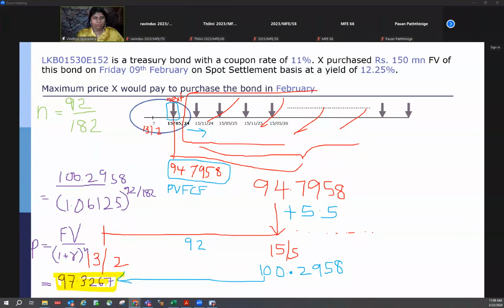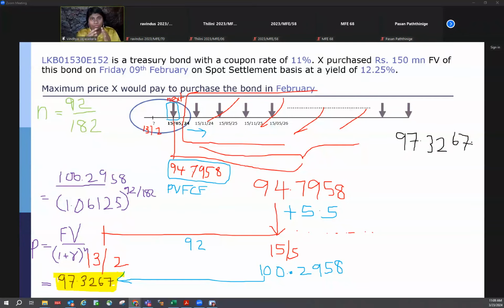Can I ask you, is this the clean price or the dirty price? It is the present value of my future cash flows.